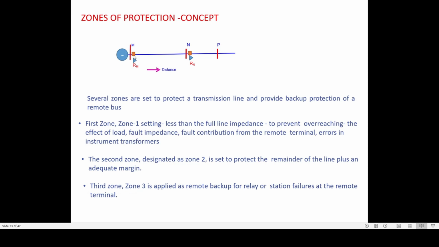Actually, the relay at M calculates the value of apparent impedance by the ratio of the voltage signal which is available to the relay through the measurement provided by the CVT or PT, and the current measured by the CT. Now you know that these two measuring quantities, voltage and current, are measured by CVT and CT, and these equipment are not 100% accurate.